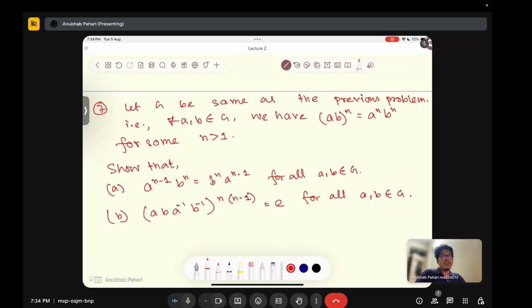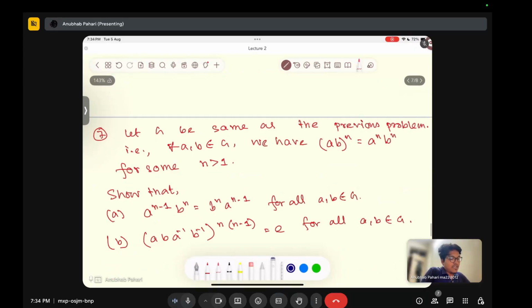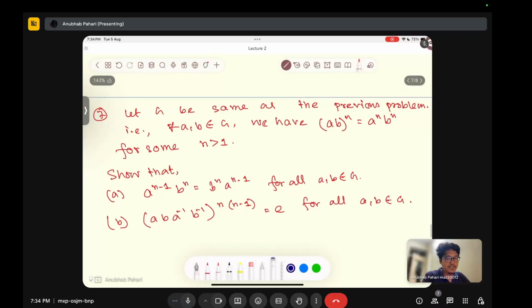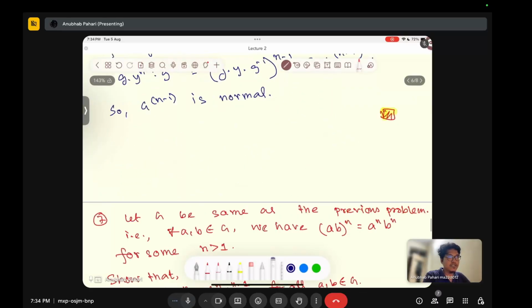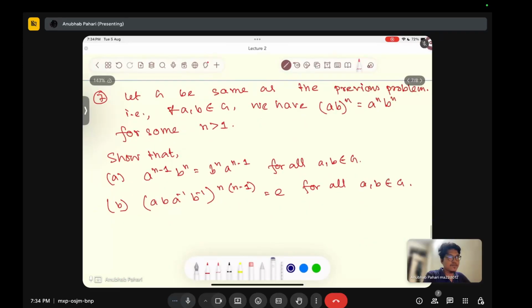Actually, yeah, you have to use this successively. Yes, sir, this one and the b part, the last question b part. Like 7b, right? Or 6b you are saying? Yes, I guess 6b I haven't done yet.